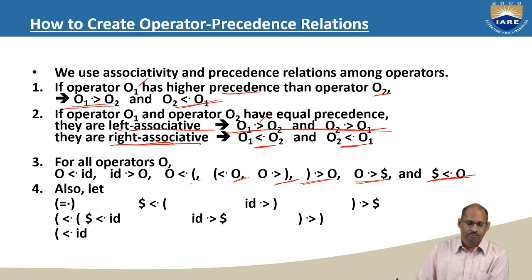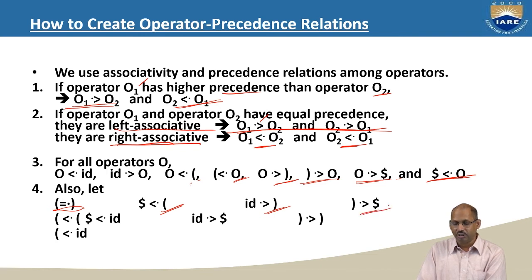Right? Here, both operators are the same. The dollar sign is always less than left parentheses. ID is greater than right parentheses. Right parenthesis is greater than dollar sign. Dollar sign is less than ID. ID is greater than dollar sign.